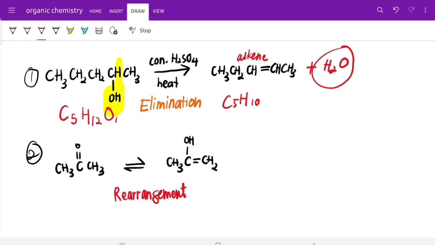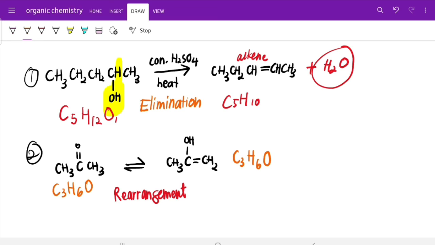Just to be sure, let's count how many atoms are present in your original reactants and in the final product. In my original reactant I have 3 carbon with 6 hydrogen and 1 oxygen. In the final product I still have 3 carbon with 6 hydrogen and 1 oxygen. So there is no decrease in the number of atoms, no addition of atoms, and no replacement of another atom.